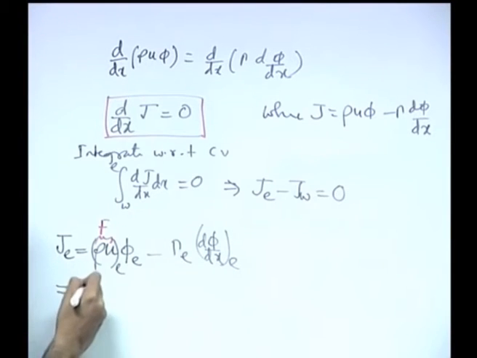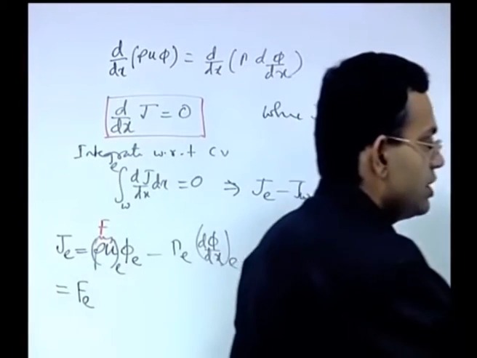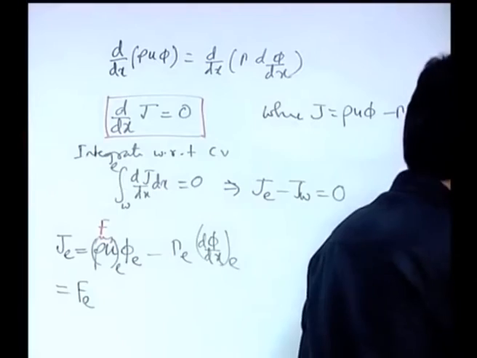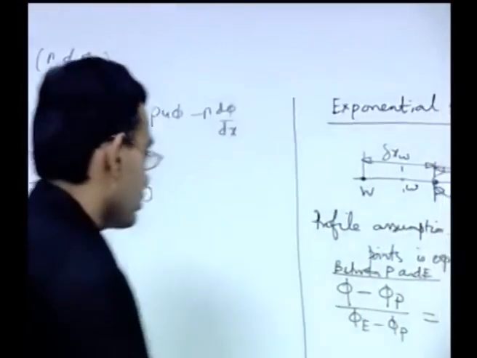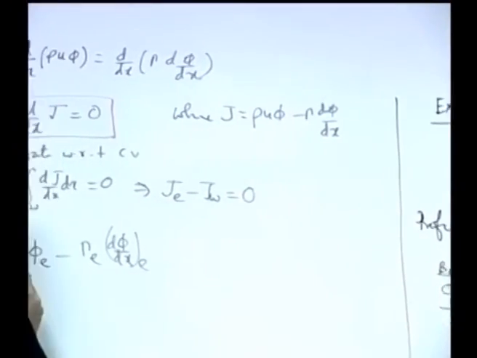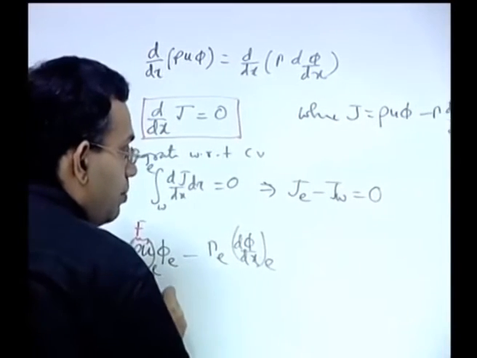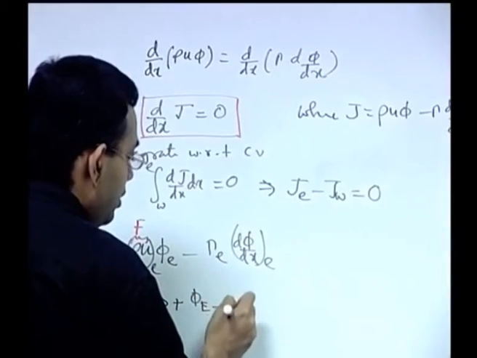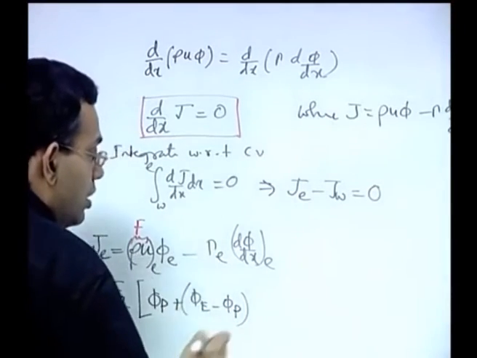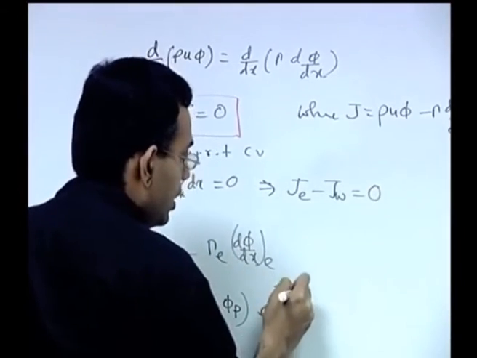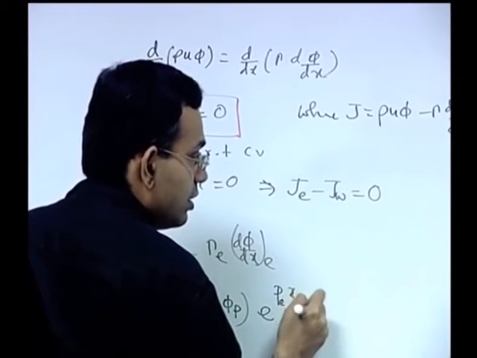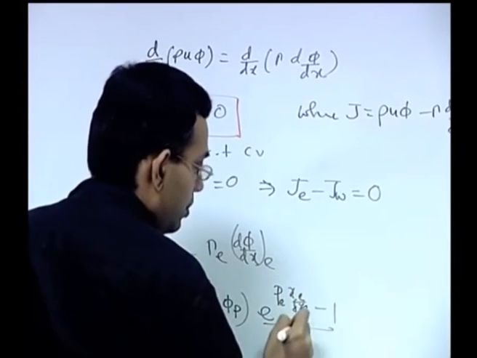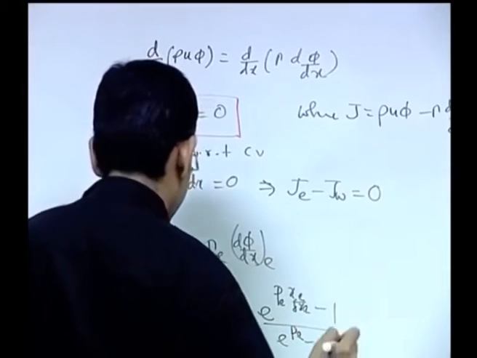So, f e, in place of phi e we can write, you substitute x equal to x e to get phi equal to phi e. So, phi p plus phi e minus phi p into e to the power p e x e by delta x e minus 1 by e to the power p e minus 1.